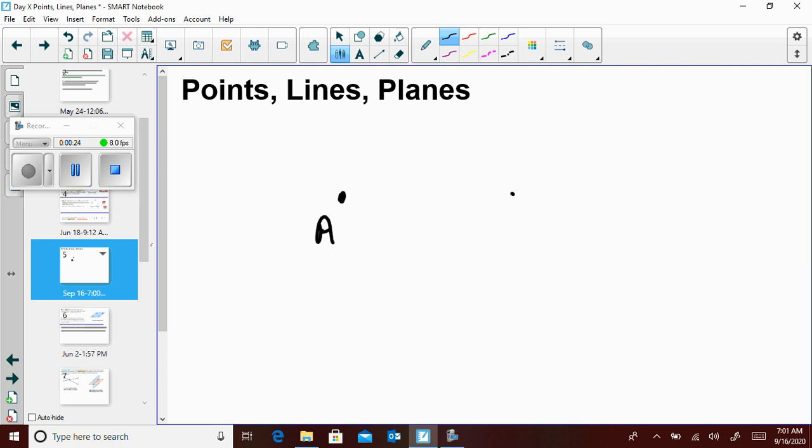Then we can have point B. If we connect those points, this is called segment AB.